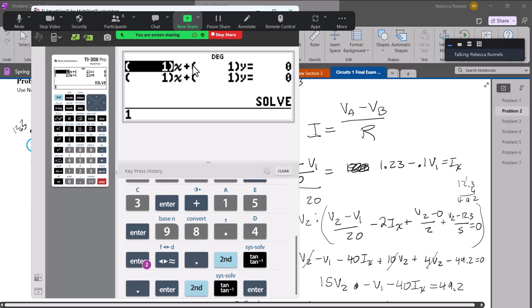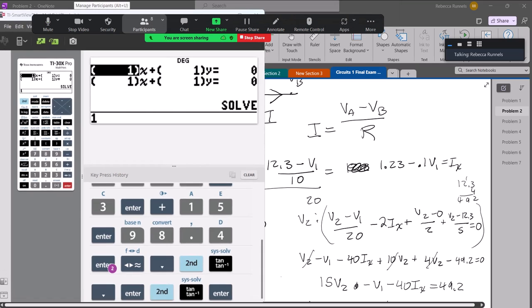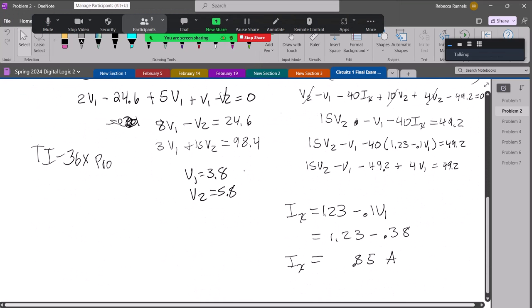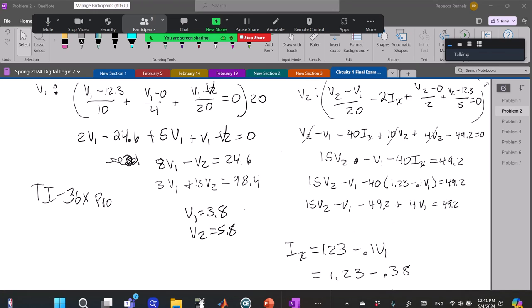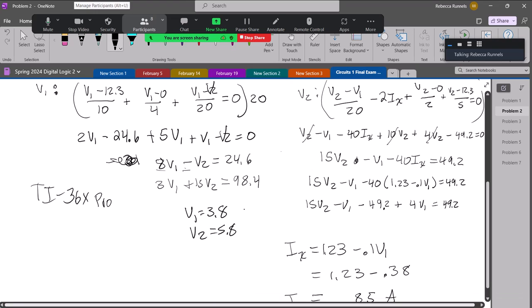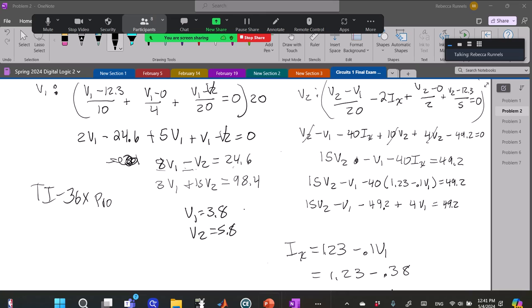So X was V1 and Y was V2, and I just put in the coefficients from the equations that we had set up: 8 minus 1, and then 24.6, and then a 3 and a 15 and a 98.4. So you just put those in.